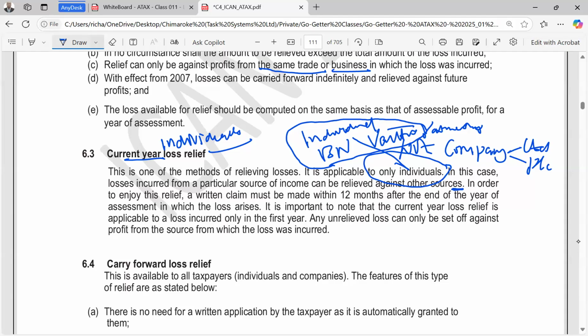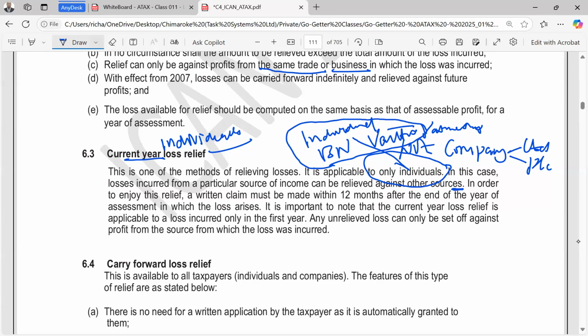You made a loss of 1 million naira from your trading business, and you are only doing 2 businesses, trading and rental income. Now, you could only relieve 800,000 from your rent that same year. The 200,000 will be carried to the next year. You cannot take away this 200,000 from rent anymore. It must only be from your trading.